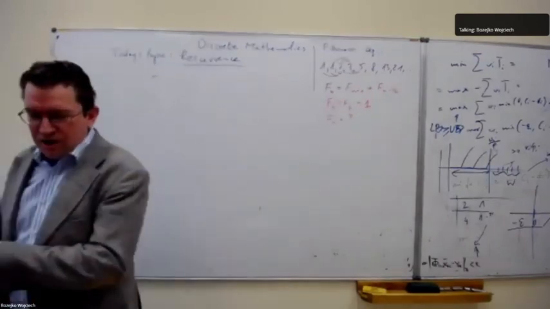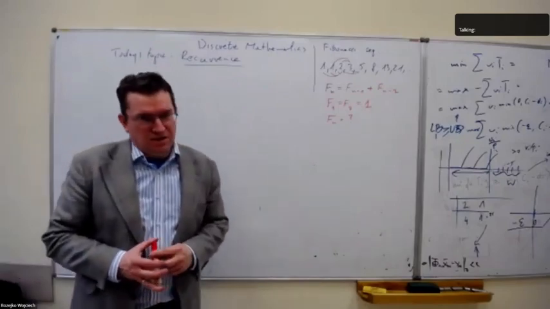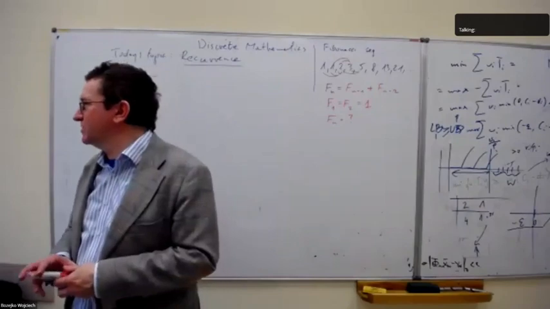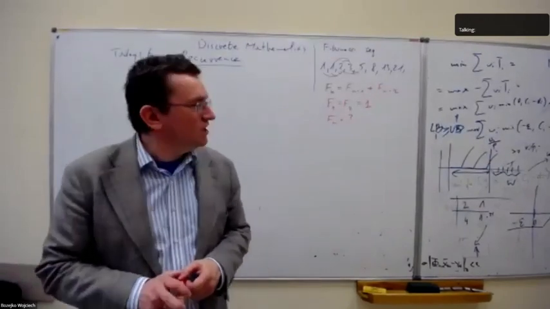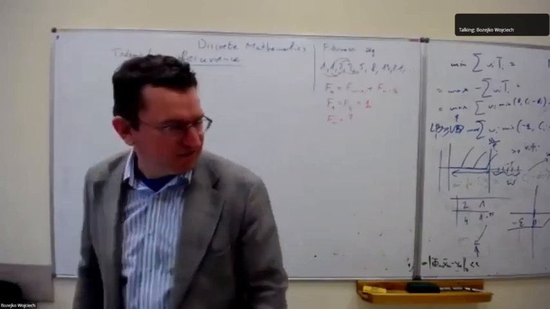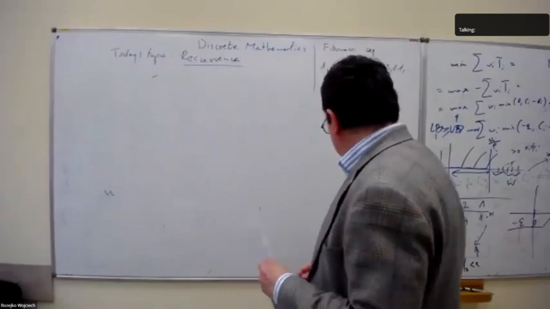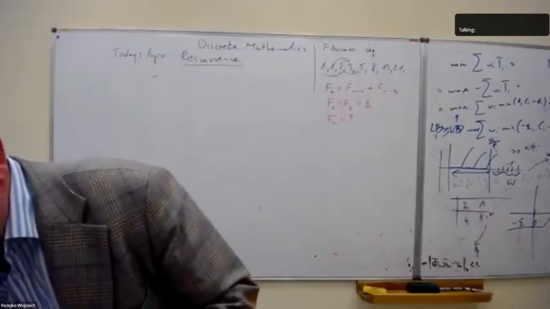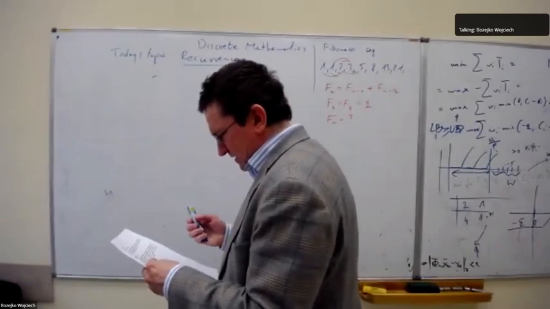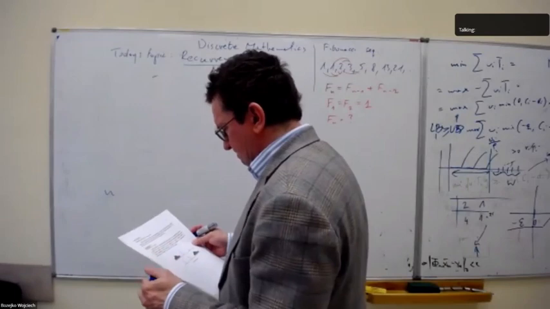Of course, we can calculate all of them up to Fn, but if n is 10 to the power of 600 centillion, it can be slightly difficult. Okay, so let's start from the Hanoi towers as the example.